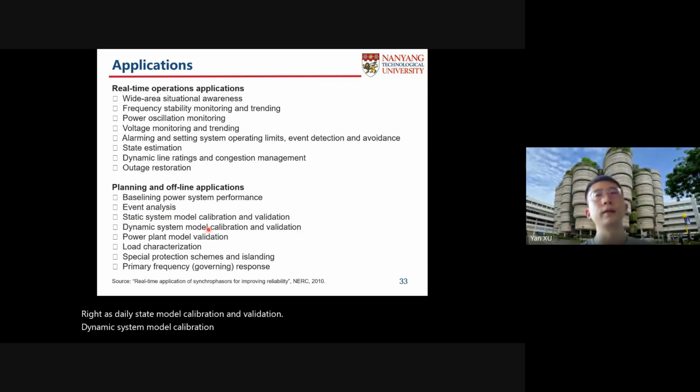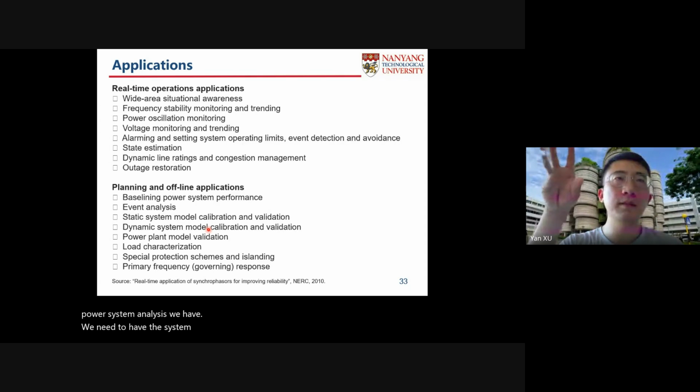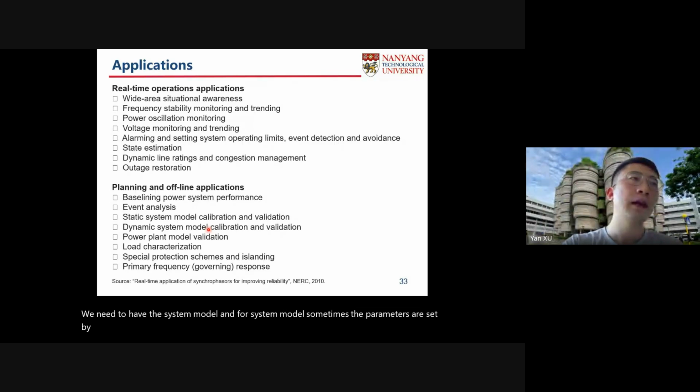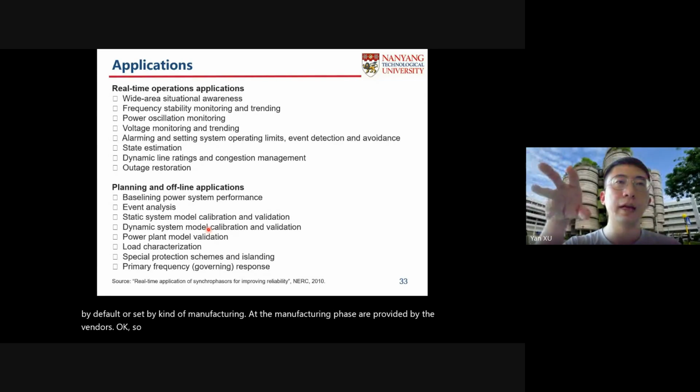This is very important because for power system analysis, we need to have the system model, and for the system model, sometimes the parameters are set by default or at the manufacturing phase or provided by the vendors. So these model parameters sometimes are not accurate.